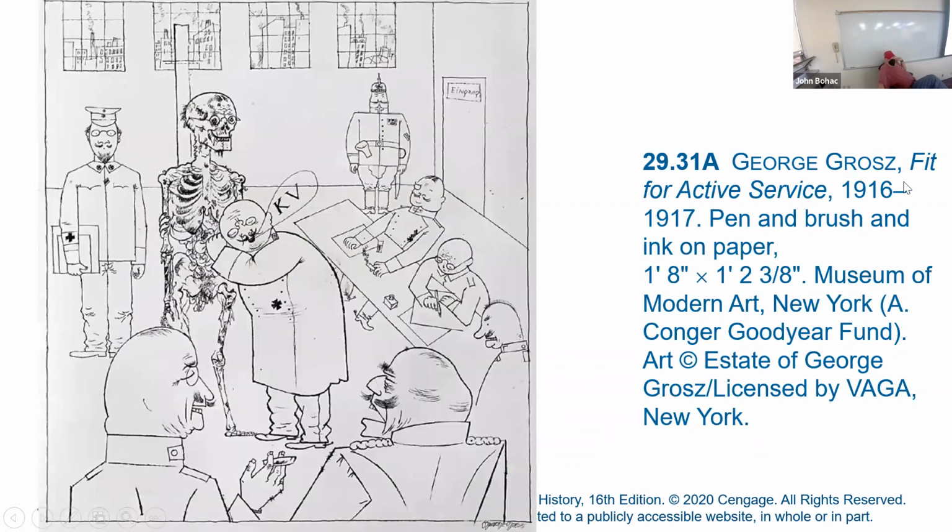And so as Hannah Hoch made her art as a revolt against the corruption of the Weimar Republic in Germany, this guy here, George Grosz, was an anti-war artist as well.